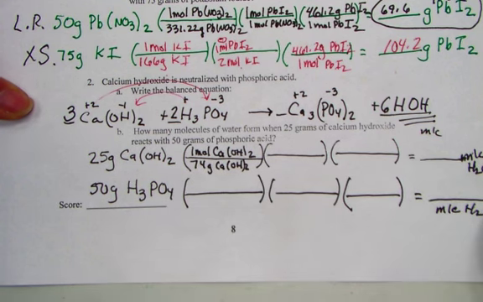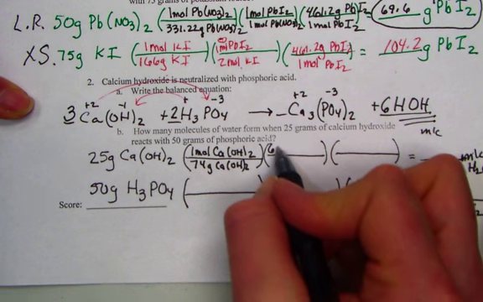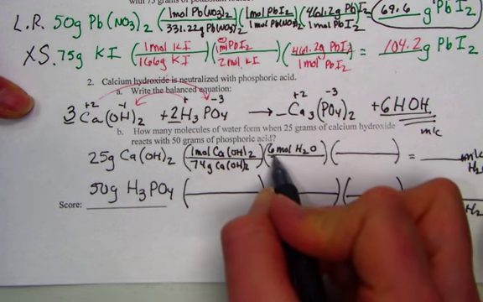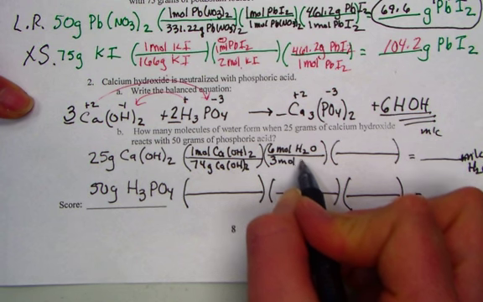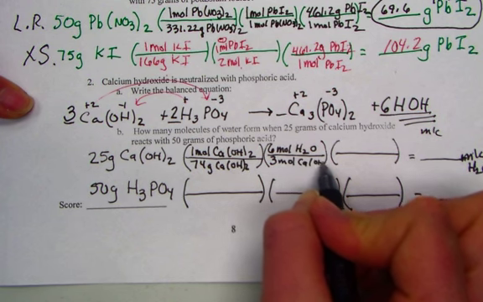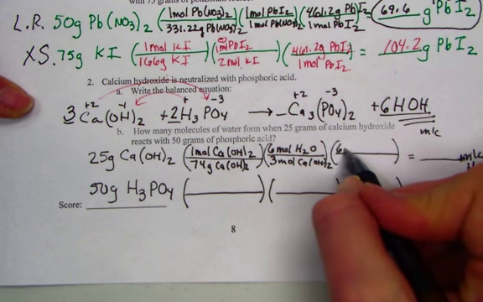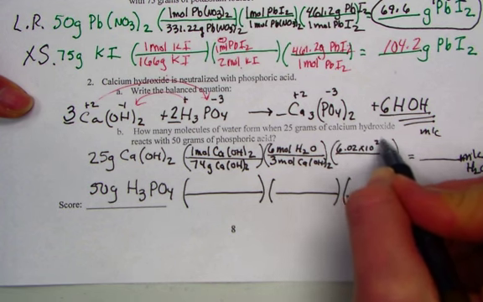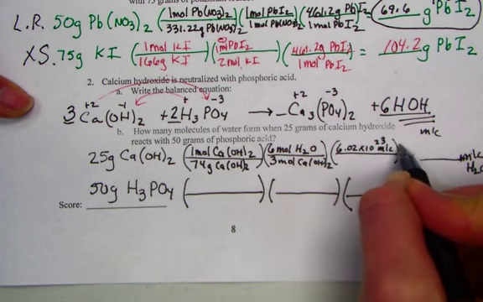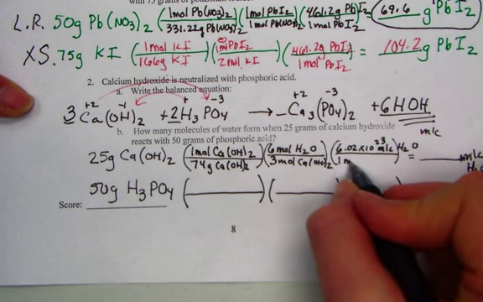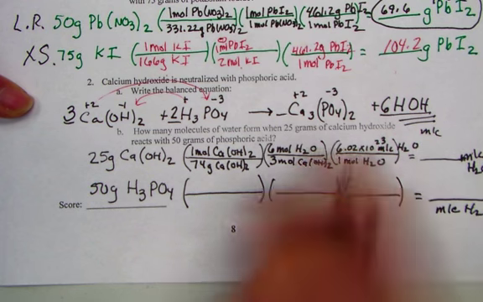In the heart of our problem, I have 6 moles of water, our want, set over the given, its coefficient of a 3. We have 6/3 as the stoichiometric ratio. We want to know the number of molecules. We will use Avogadro's number, 6.02 times 10 to the 23 molecules of water over 1 mole of water.